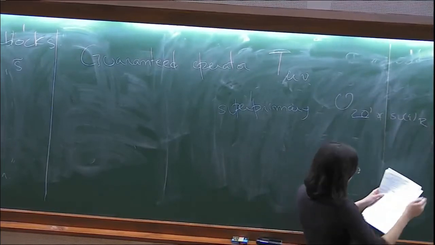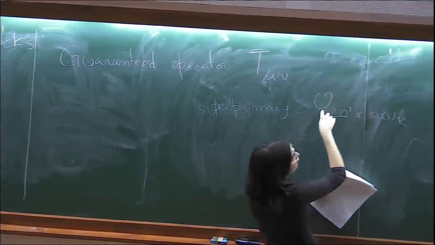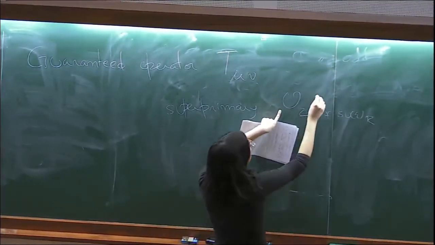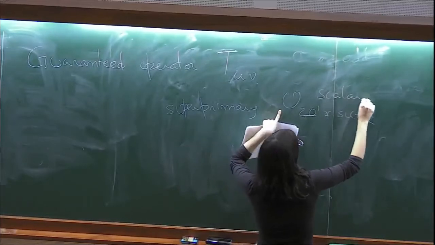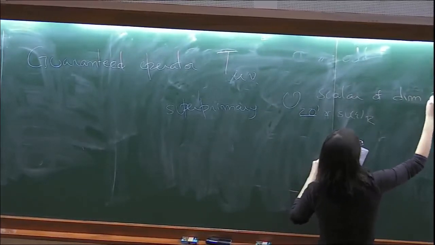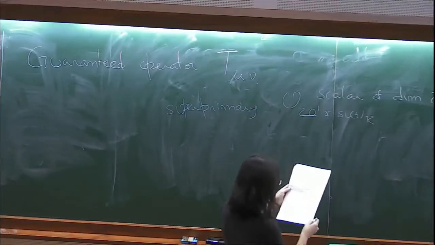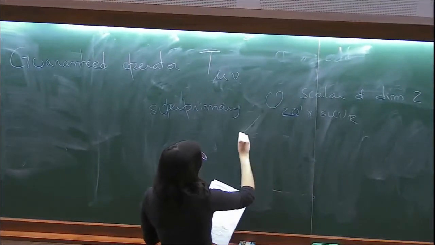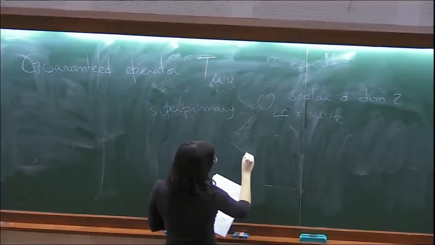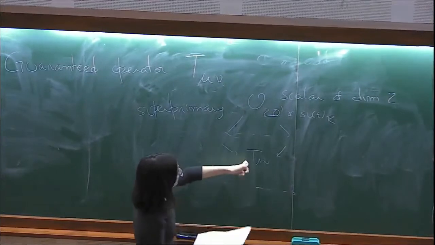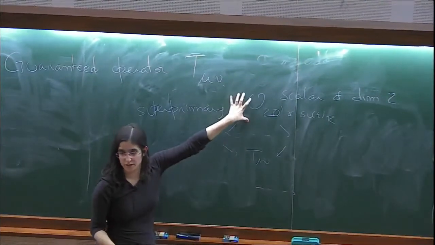And this operator is a scalar, so this is very good because scalars are easier, you don't have to deal with the tensor structures. So this is a scalar of dimension 2. And now, if you act with enough supercharges, at some point you do find the stress tensor. So if the stress tensor is present, this guy also has to be present, so let's consider this one.